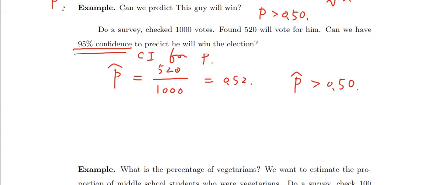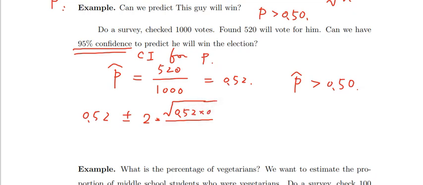So let's construct a 95% confidence interval using the formula: p hat, which is 0.52, plus minus 1.96, or we can use 2, multiplied by the square root of p hat q hat over n, where p hat is 52, q hat is 48, and n is 1000.